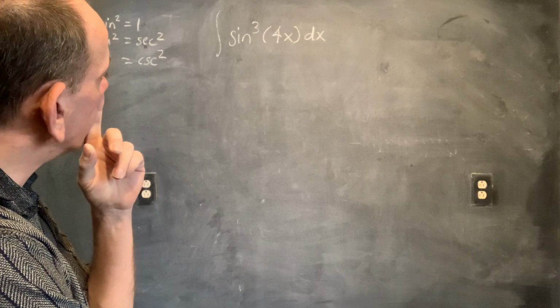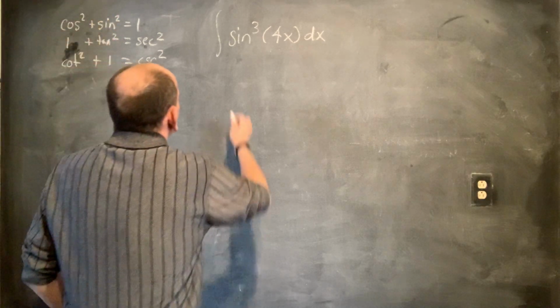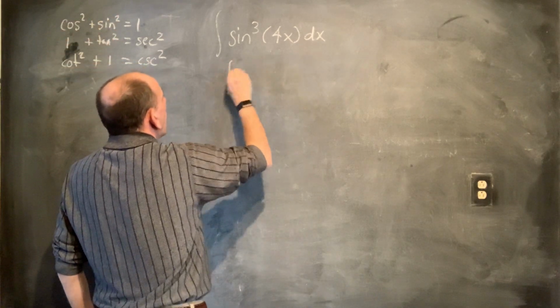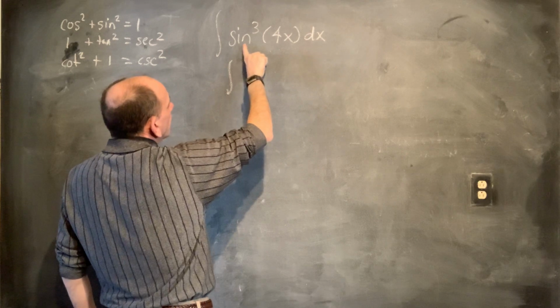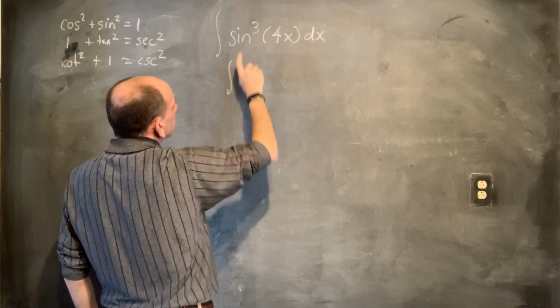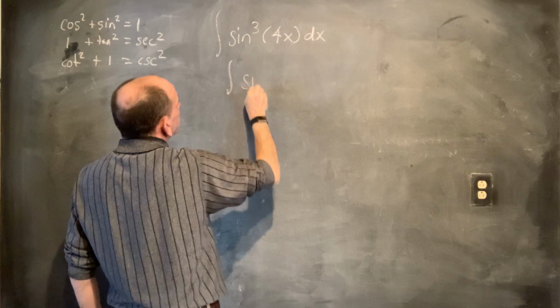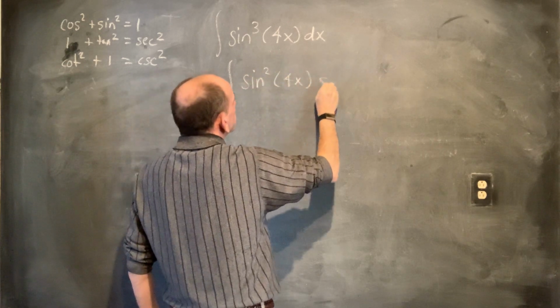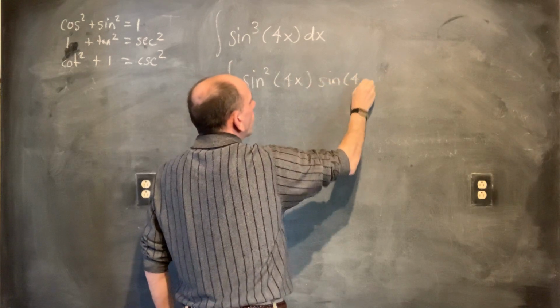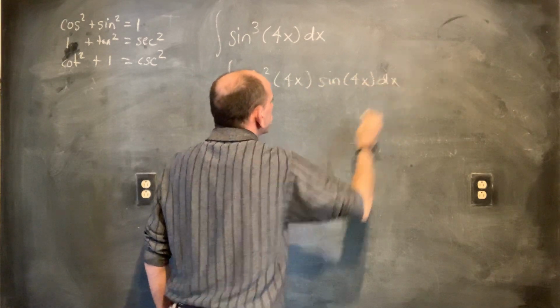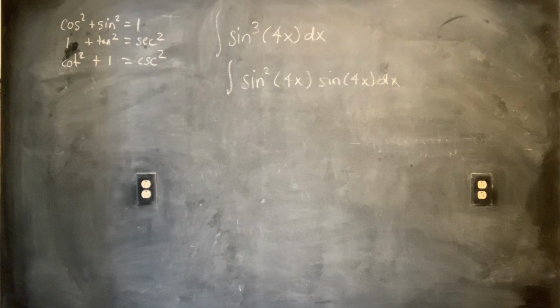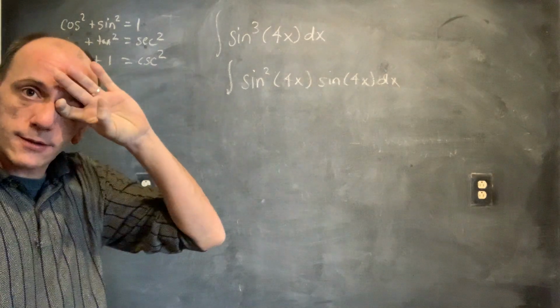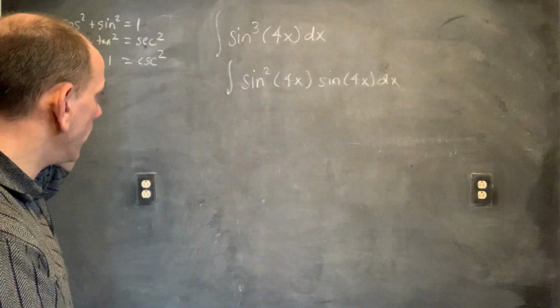So let's see. I can convert a sine square. So let's split it. Let's say sine square of 4x sine of 4x dx. Those I can convert to get the cosines in there that I would have wanted.